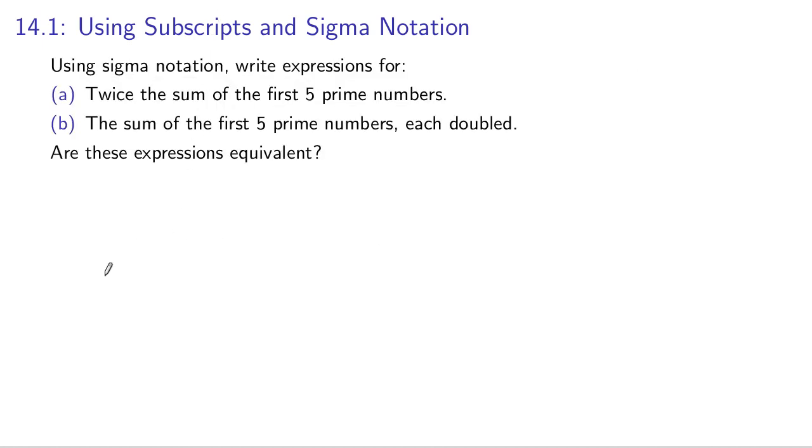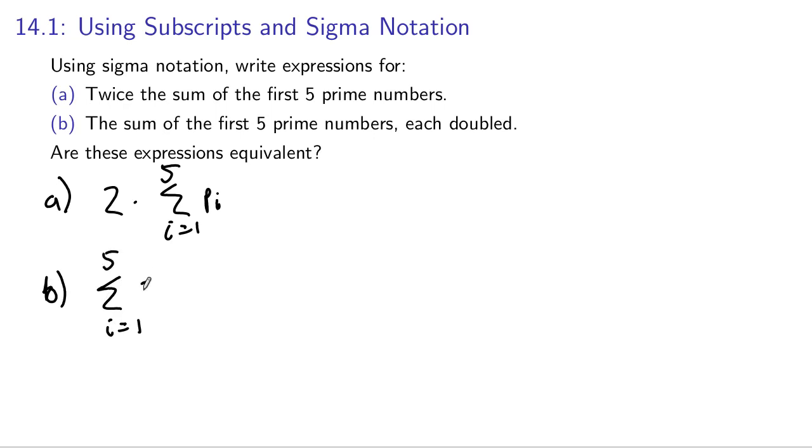Okay, so using the sigma notation, write expressions for A, twice the sum of the first 5 prime numbers, and B, the sum of the first 5 prime numbers each doubled. Okay, so we have the sum, sigma i is 1 to 5 of 2 times p sub i.